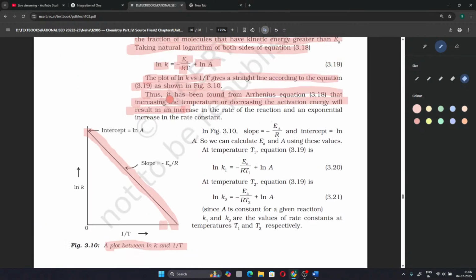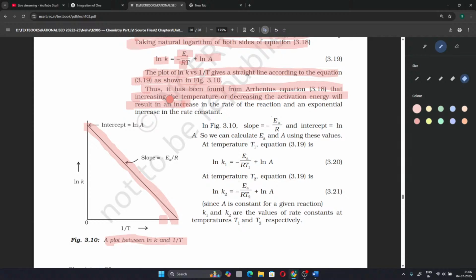Because of this, either increasing the temperature pushes more molecules into the range of activation energy, or decreasing the activation energy moves it to a range where more molecules have that energy. This will increase the rate of the reaction, and an exponential increase in the rate constant.